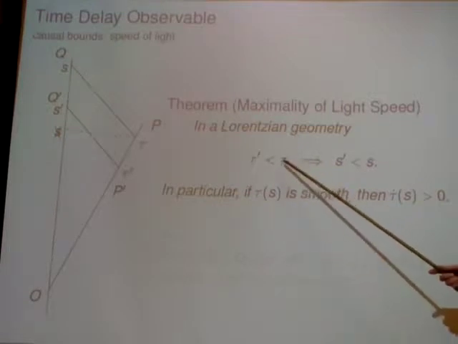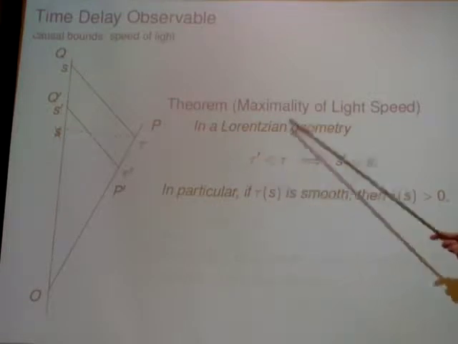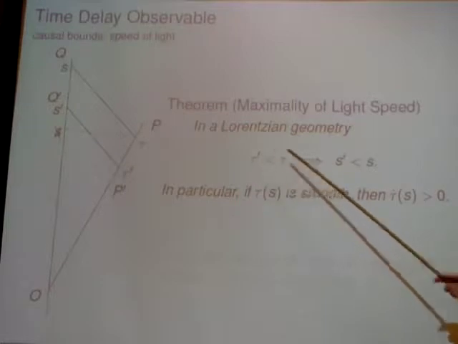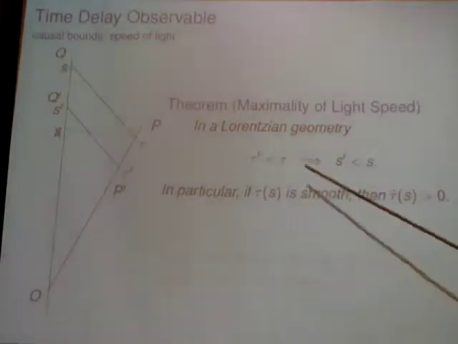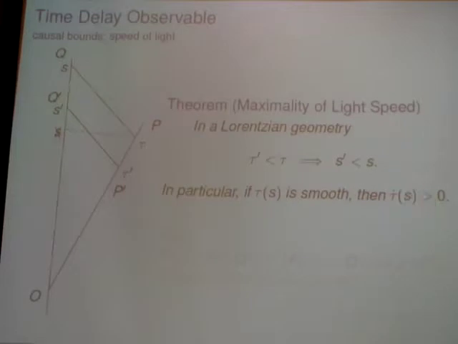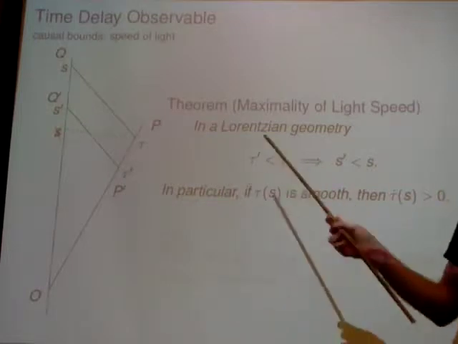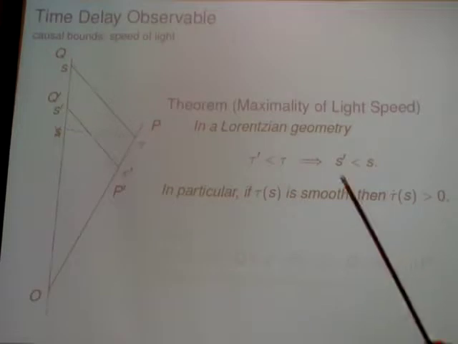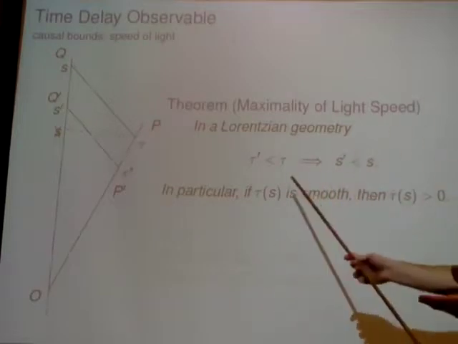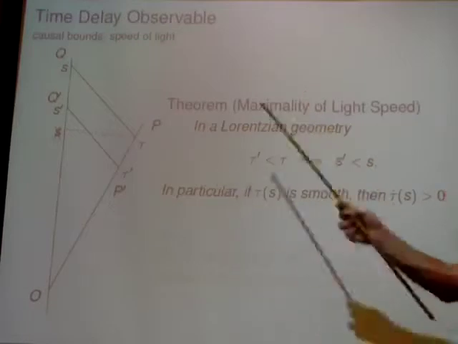For this particular slide, it's easier to think of the emission time rather than the time delay. This emission time satisfies certain inequalities that are tightly linked to the Lorentzian character of the ambient spacetime. You could define the same kind of setup in a Riemannian manifold, but similar inequalities will not hold. So that's why I say that these inequalities are tied to the causal or Lorentzian structure.